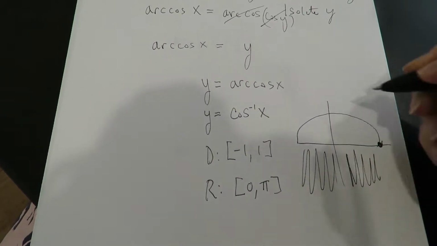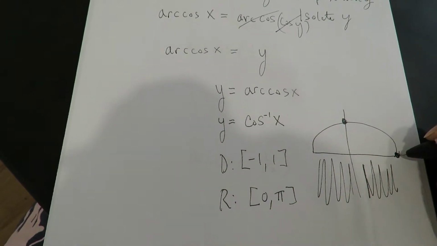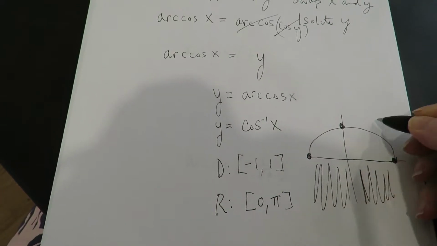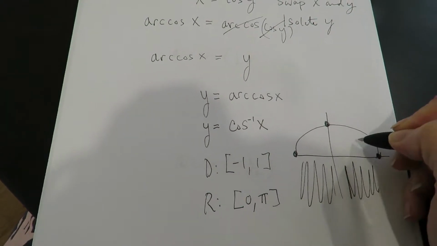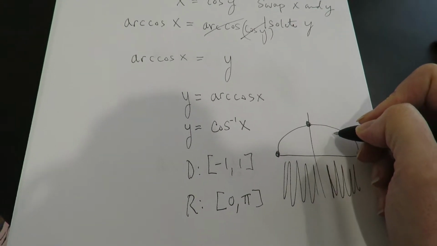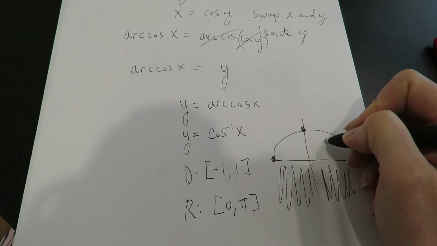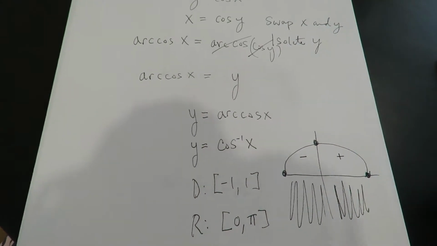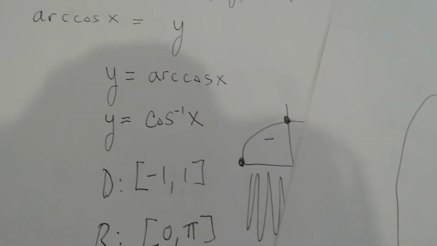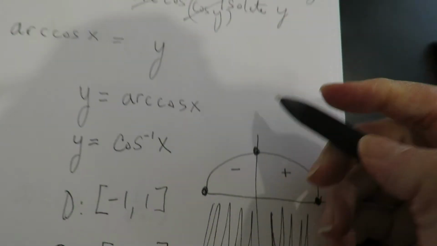For the unit circle, you can use 0, pi over 2, and 180, and of course your 30, 60, 45 reference angles in these two quadrants. The cosine is positive in quadrant 1 and negative in quadrant 2. Just like with arc sine, you have to know where they're positive and negative. Same with the arc cosine.